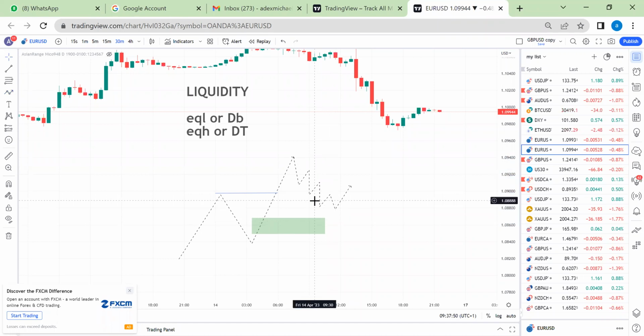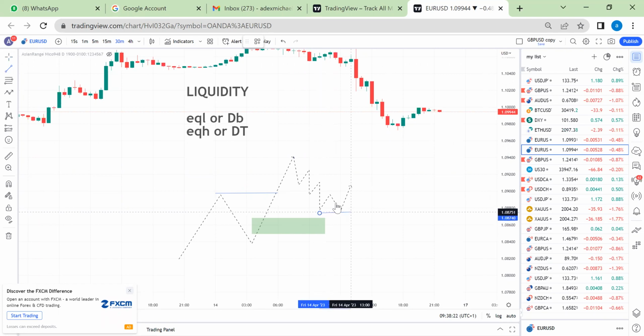Now in the process of creating that structure, it can give us a kind of liquidity pool. For example, if you look at this, it is a double bottom with the neckline broken right here, right? So some people will see that as a trade opportunity and they want to enter long and put their SL below here.